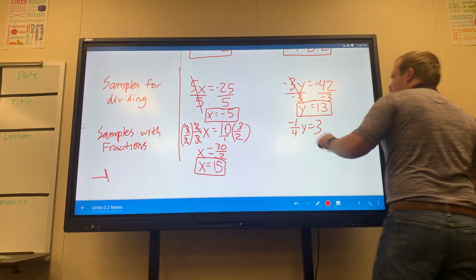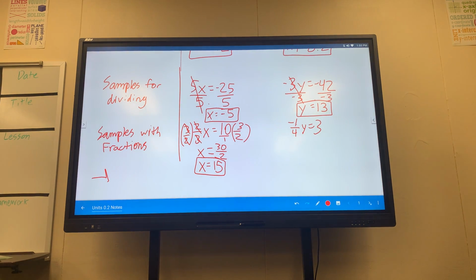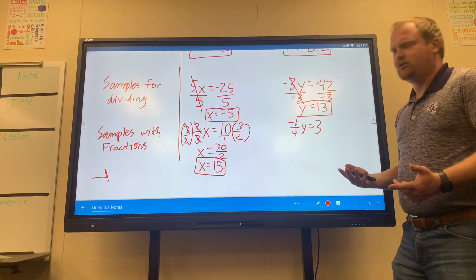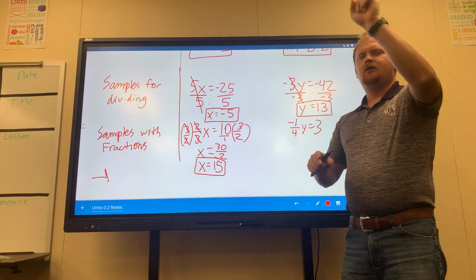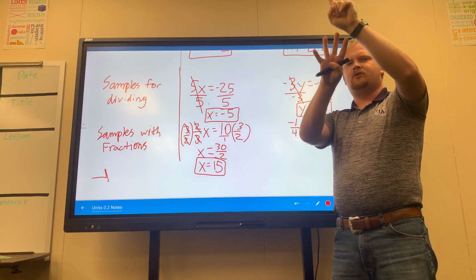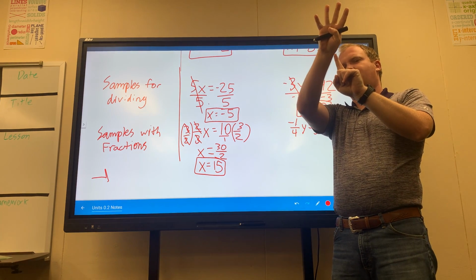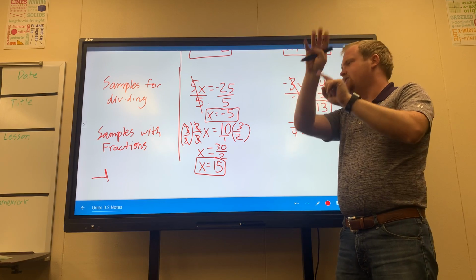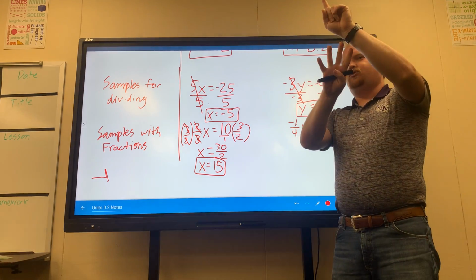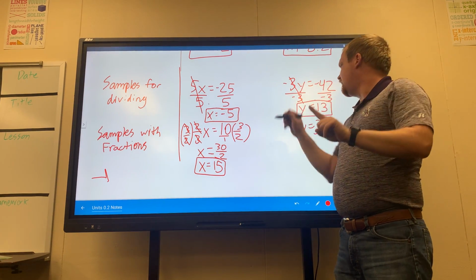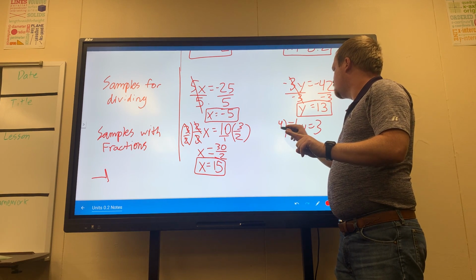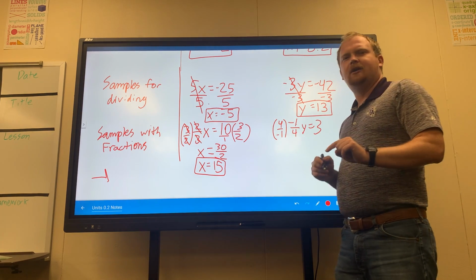Now, negative 1/4 times y equals positive 3. So again, I want to take the reciprocal of this fraction. So remember, it's 1 on top, 4 on the bottom. So if I take the reciprocal of it, I want to switch or flip the fraction itself. So if I'm switching it, I got the 4 on top and the negative 1 on the bottom.